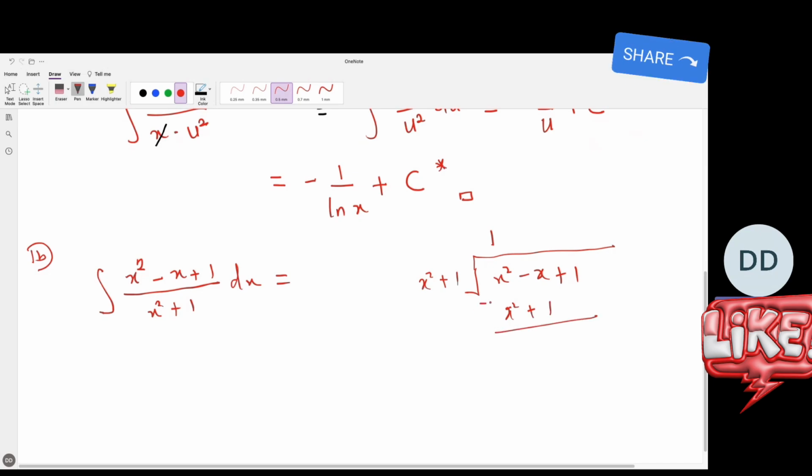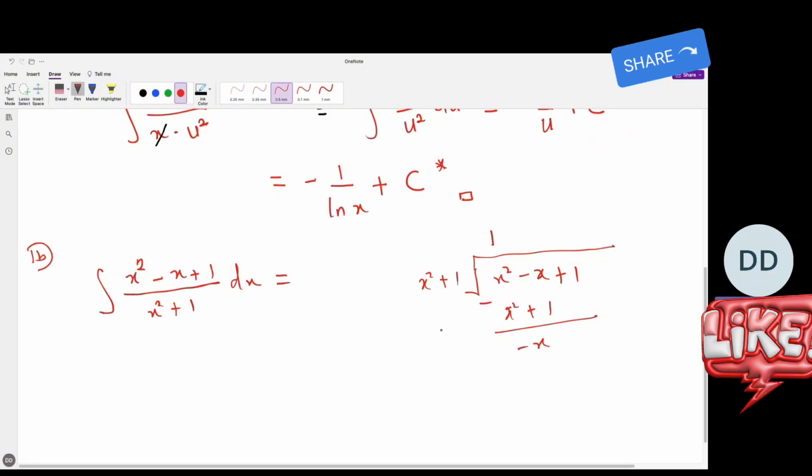So you subtract this from this, negative x, negative 1, right? Yeah, this is negative x.